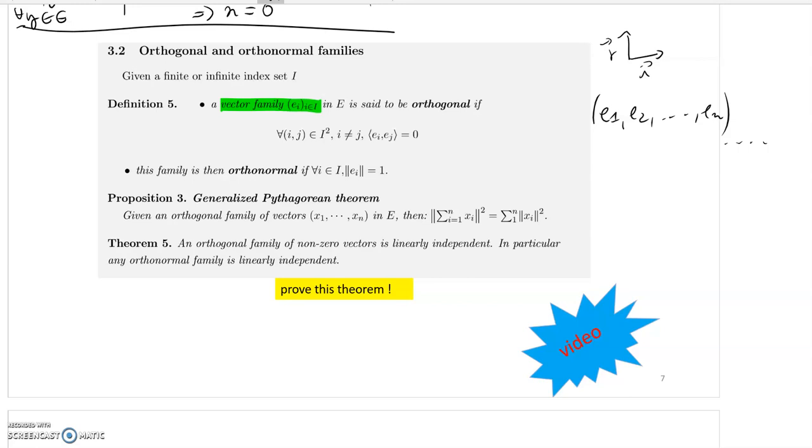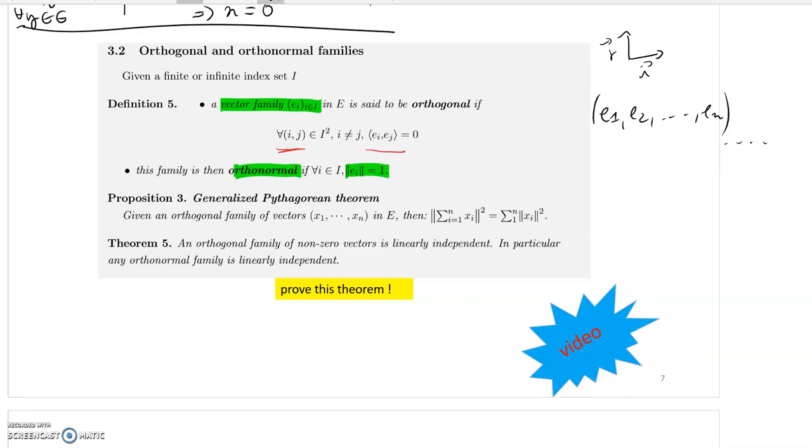Okay, if for any i, j I've got that e_i, e_j are orthogonal, meaning that their scalar product is equal to 0, and we will say that it's orthonormal if all the items have norm equal to 1. Okay, let's see what we can do with these ideas.